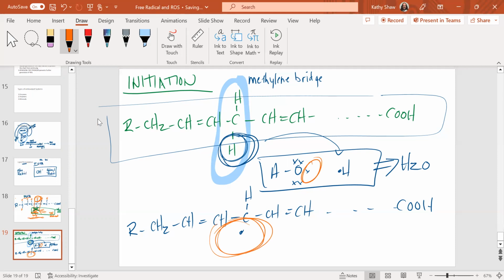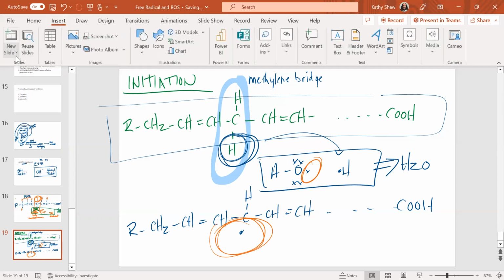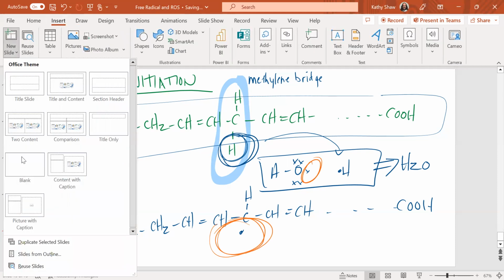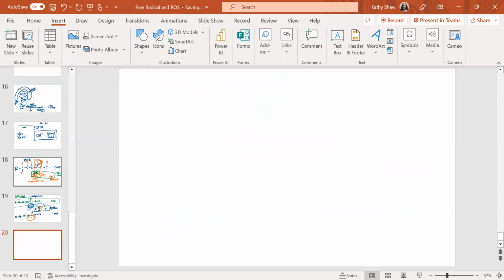So let's move that over to another slide. And we're just going to draw the same thing, the same hydroxyl radical. I'm sorry, peroxyl radical.